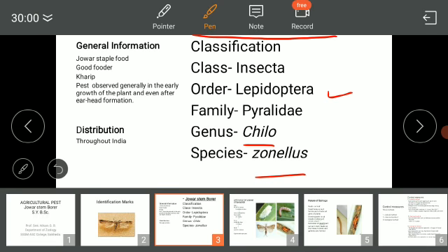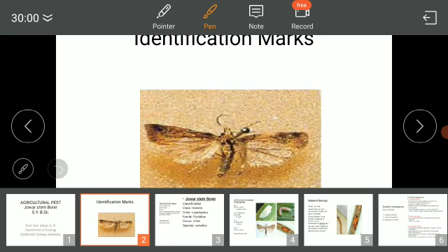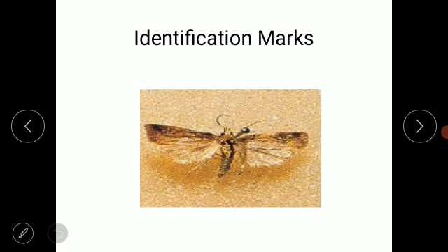Here if you observe the identification marks, this is the adult moth. Actually it is medium sized, and we observe the wingspan. What is wingspan? First we consider a few terminologies. Here the wingspan means the distance between these two lines.